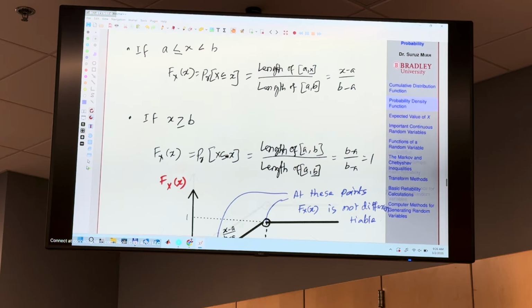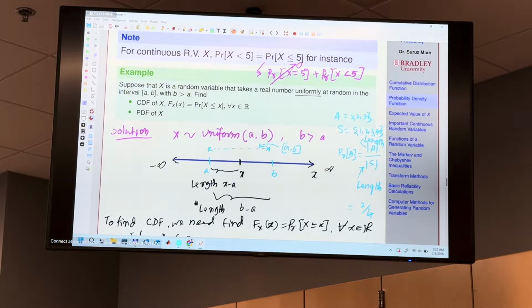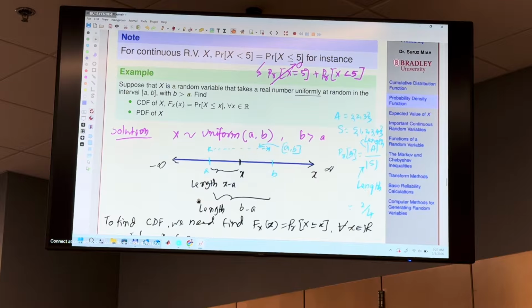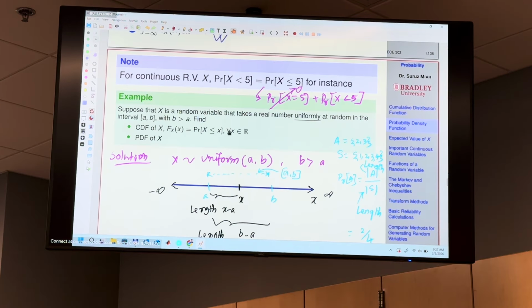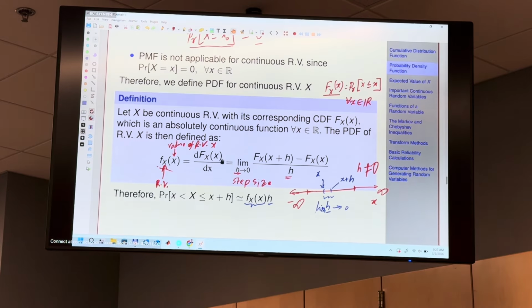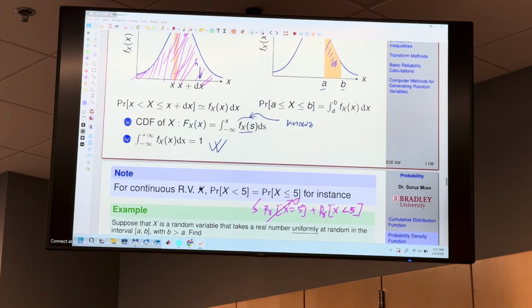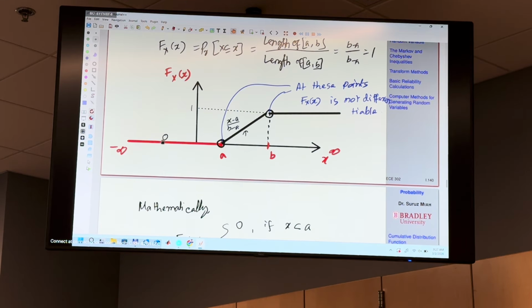If you have the CDF, then finding the PDF is a piece of cake, in the sense that you know the function already, and the probability density function is simply the derivative of the CDF with respect to x. So all we need to do is take the derivative.